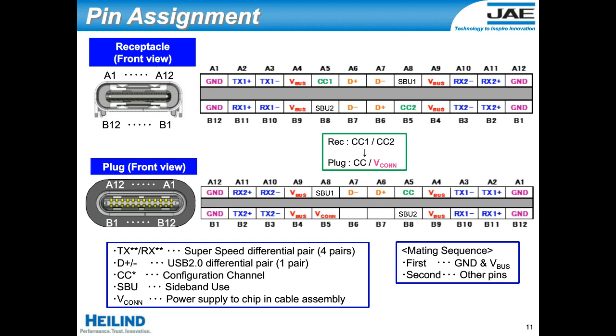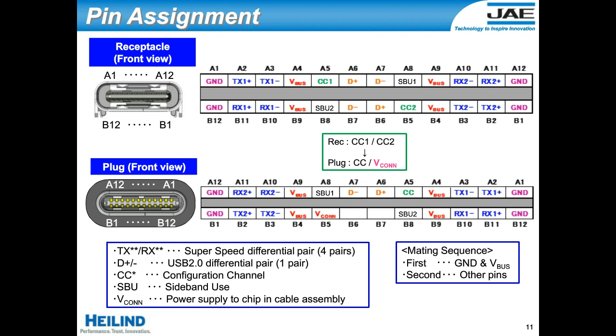The new pin, the CC or configuration channel pin, is kind of the key new pin that allows a lot of the new functions to operate properly. It's used as a communication line where the 2 devices can communicate to negotiate power or which side is the host and which side is the peripheral.